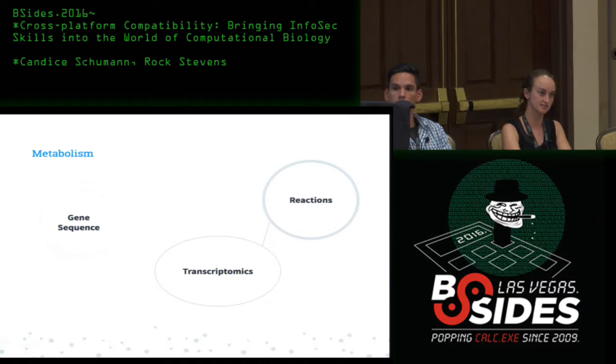And basically what systems biology does is it looks at the metabolism. So again, when I said that you started sequencing a genome, so you have a genome, and that translates into genes. And then you also have transcriptomics, which is the expression levels of genes. So that basically means, like, if you have blue eyes, you have that gene highly expressed.